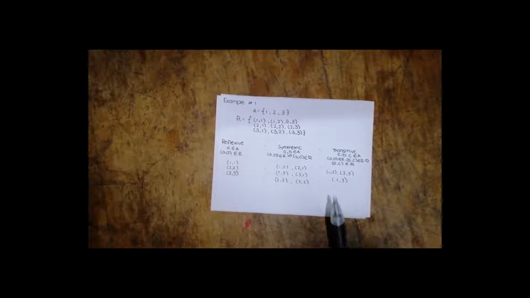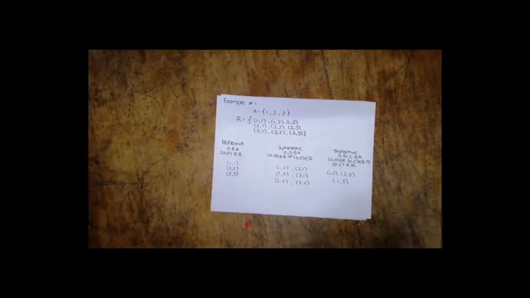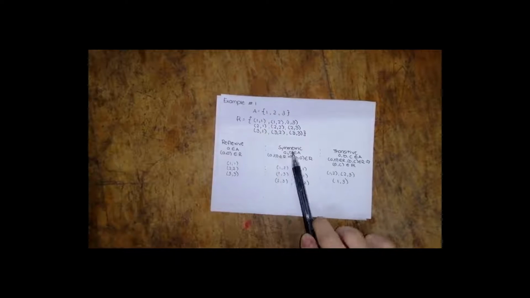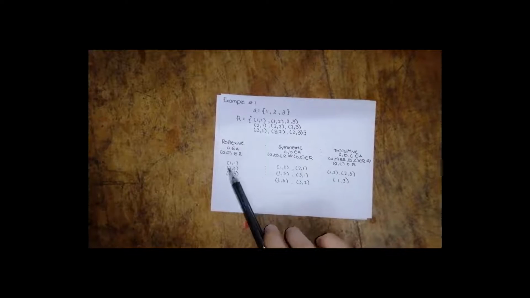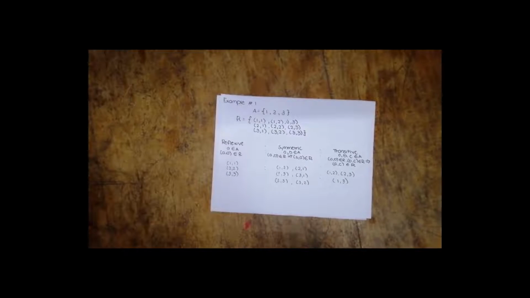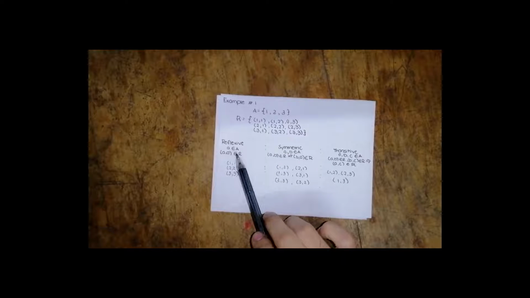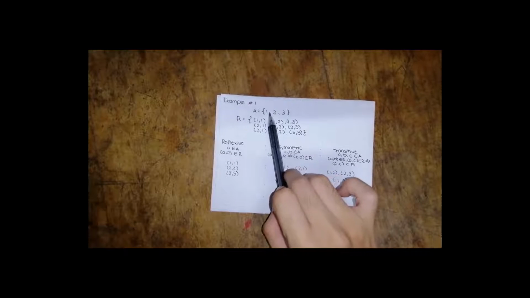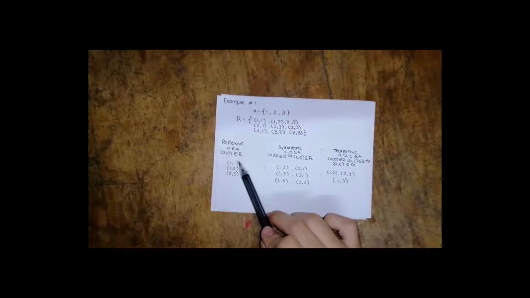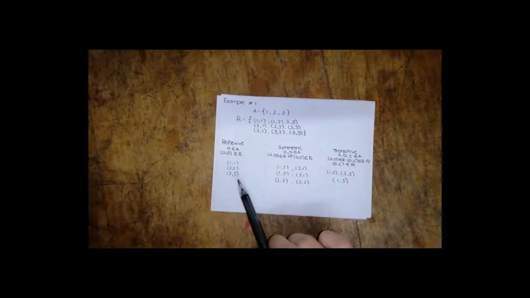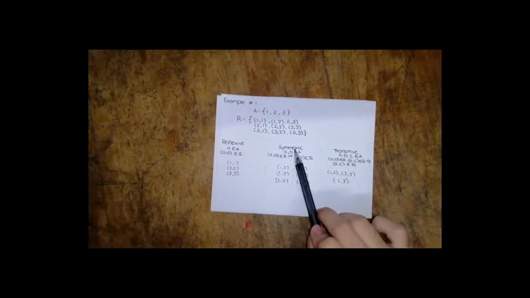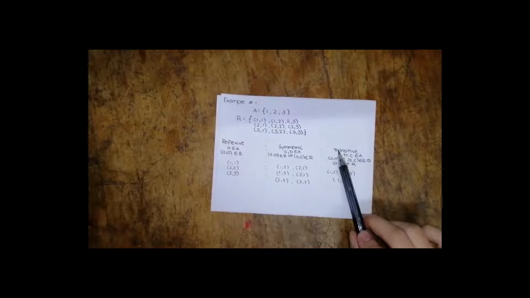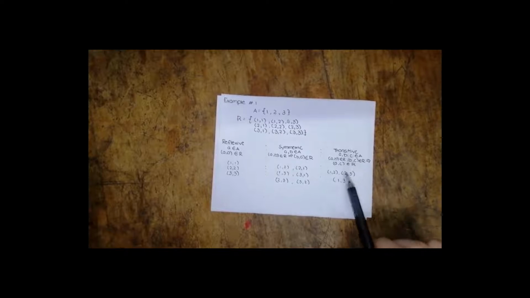So in order to know if it is equivalence, we need to satisfy if it is reflexive, symmetric, and transitive. So we need to find the ordered pairs within the set A. So these are the ordered pairs, and these are the ordered pairs for symmetric, and these are the ordered pairs for transitive.